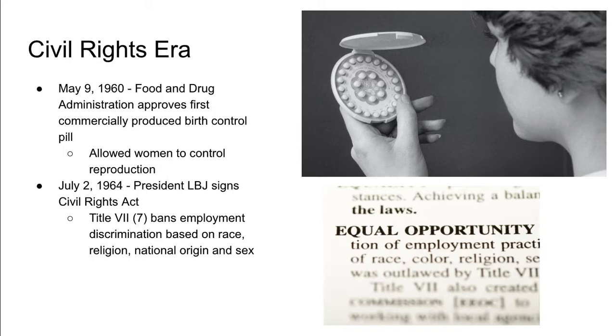So you are no longer allowed to say, I don't want to hire that person because they're Black, or I don't want to hire that person because they are Jewish. Same when it comes to being a female. You could no longer be discriminated against based on your sex. So there was equal opportunity when it comes to seeking employment.